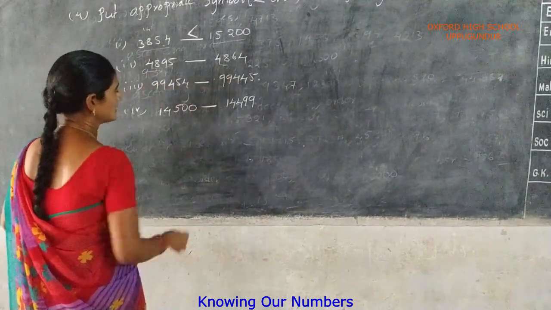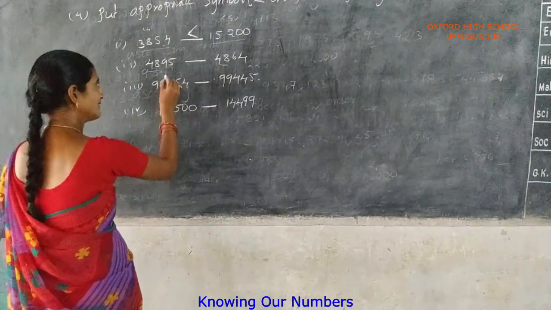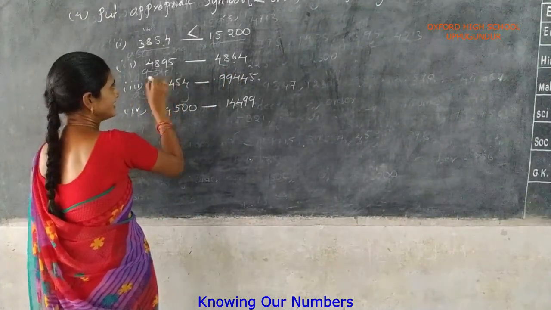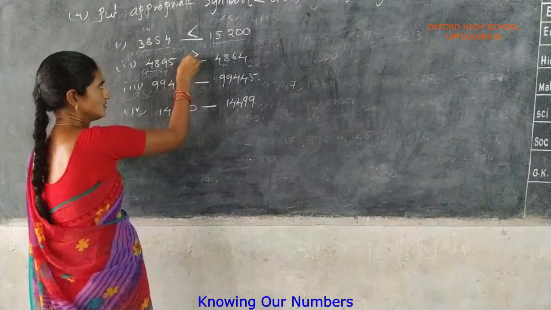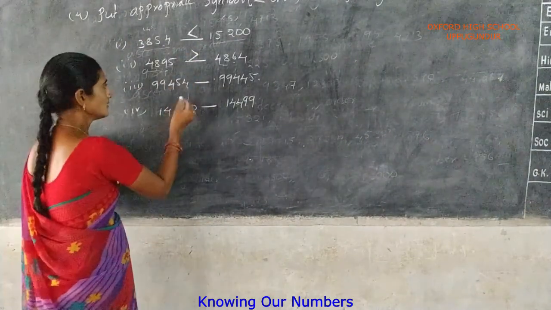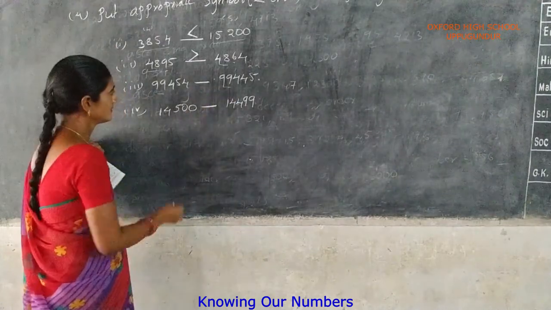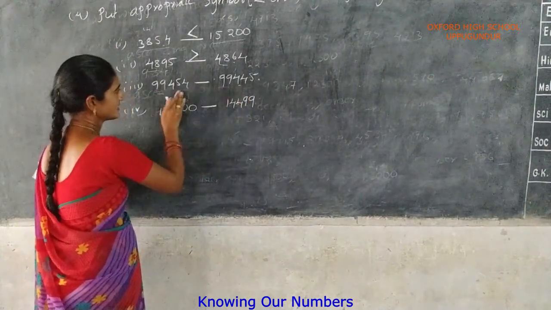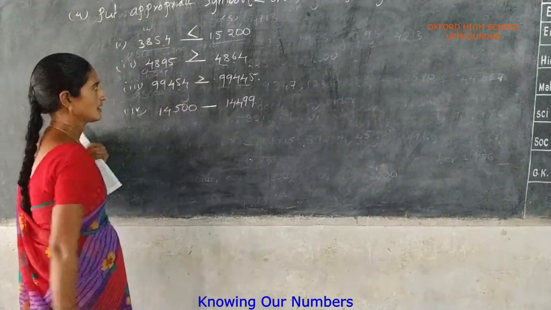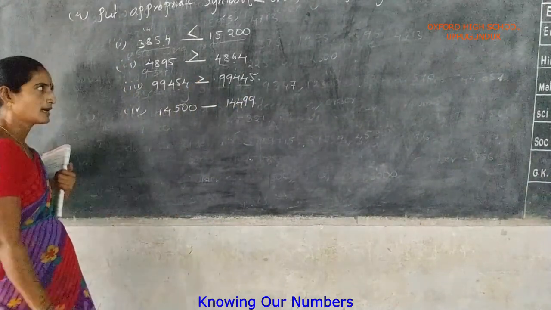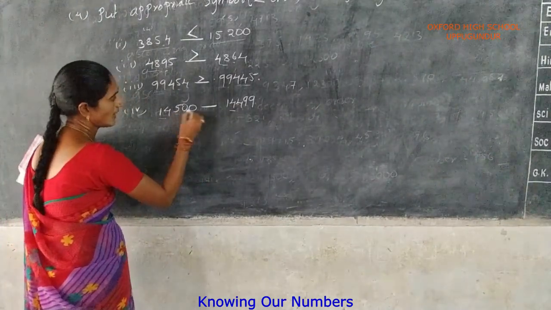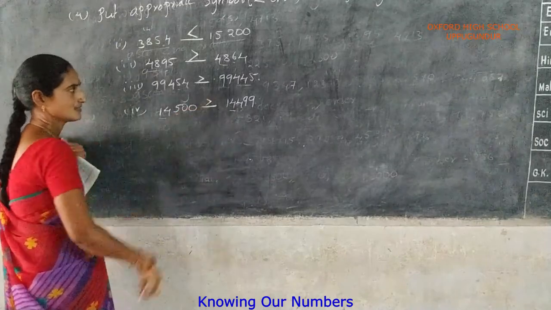Comparing the tens place, which is greatest? 9 is greatest, so we use the greater than symbol. Next 99, 99. Next 4, 4. Next comparing 5, 4. Which is greatest? 99,454. Next 14, 14. 5, 4. Which is greatest? This one also.